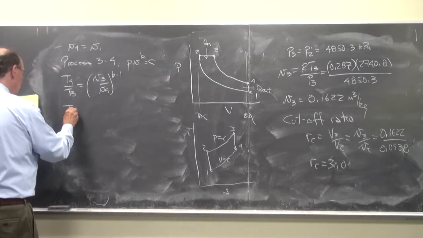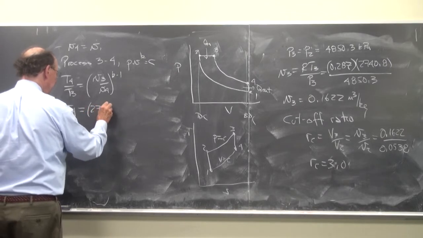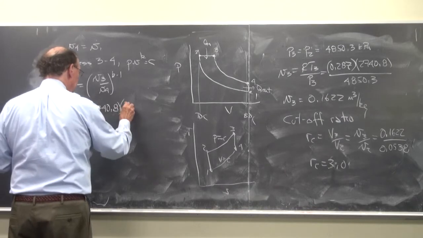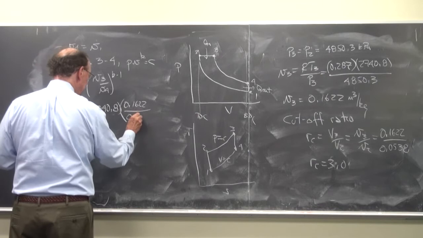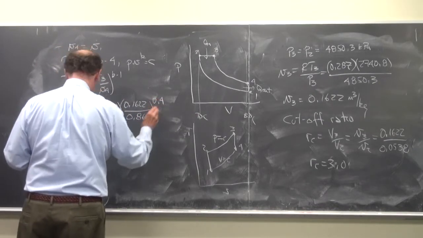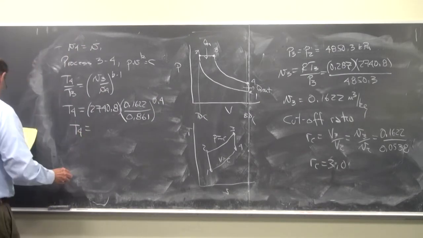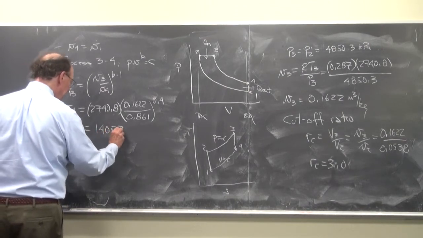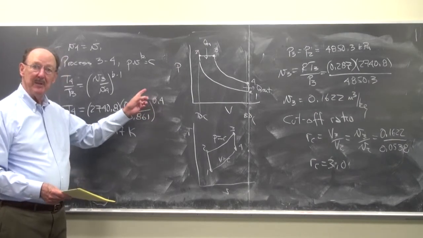So T4 is equal to 2740.8 times 0.1622 divided by V1, 0.861, to the 0.4. So I get that T4 is equal to 1405.7 degrees K. Notice that I'm using K of 1.4 all the way through here.